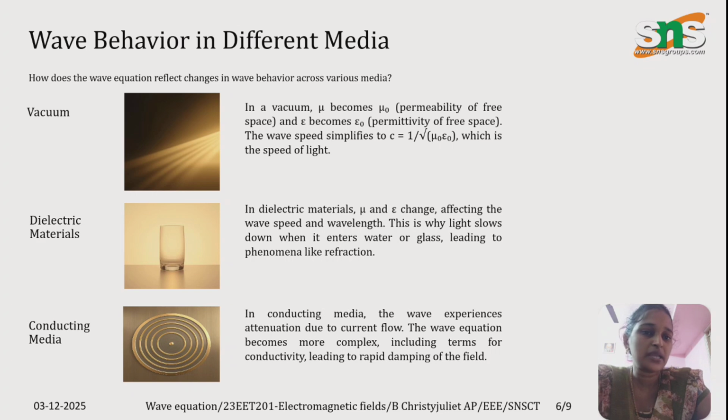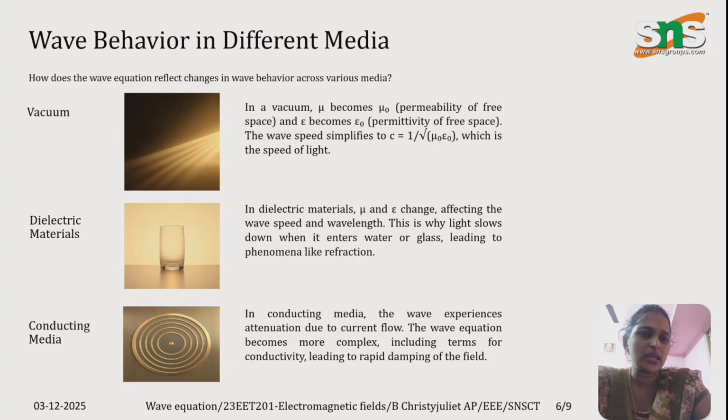Therefore the wave speed c is equal to 1 by root of mu naught into epsilon naught, which is the speed of light. So in vacuum, the wave travels with the speed of light. In a dielectric medium, the mu and epsilon change because every dielectric medium has its own relative permeability and permittivity, which are mu r and epsilon r, which affect the wave speed and wavelength.